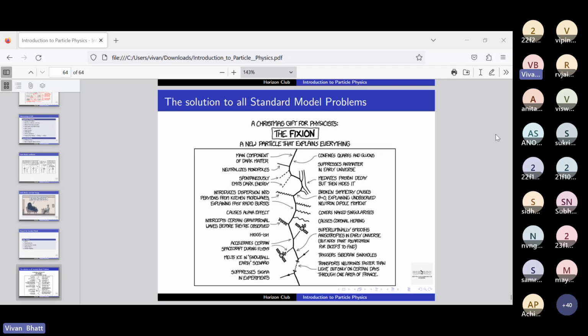See, we can calculate everything up to infinite precision theoretically, but at the end of the day, all the decay rates that you calculate, everything will in some way depend on the strength of those interactions, the masses, the charges. And those we can only measure so accurately. So in the end, your calculation of something else depends on your measurement of something you had measured earlier, and it can only be as precise as your earlier measurement. That's one of the main reasons why we can't have infinite precision when we're calculating something.